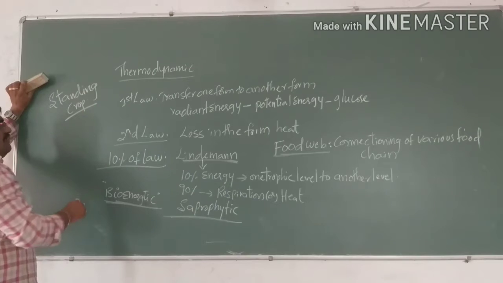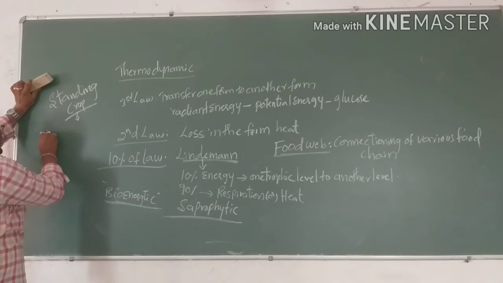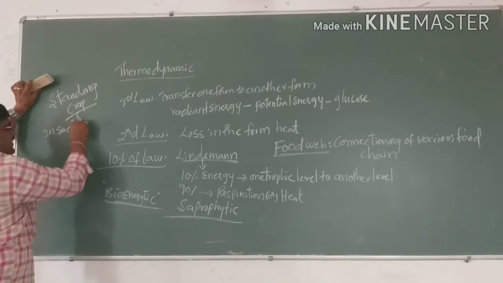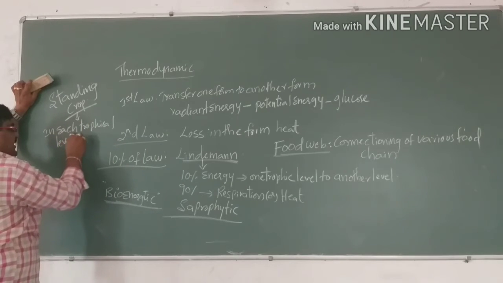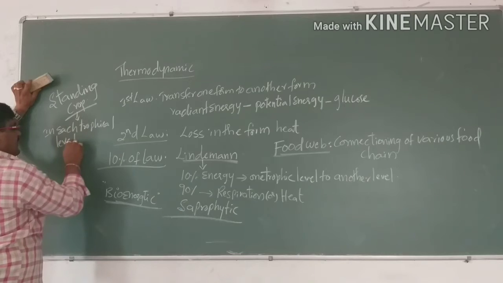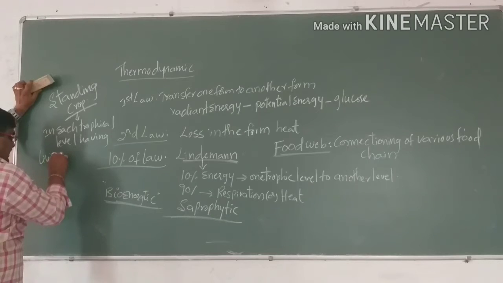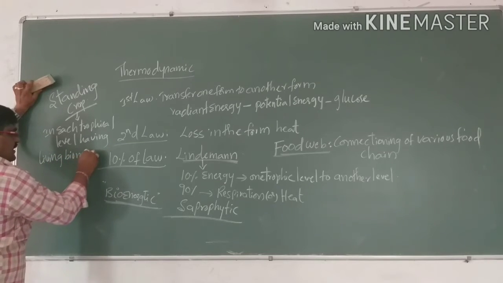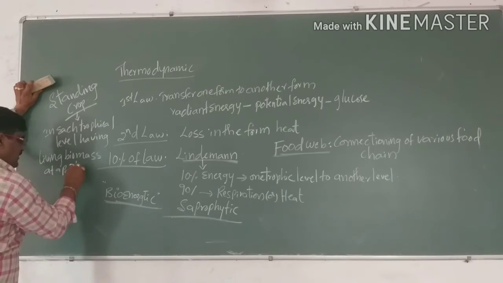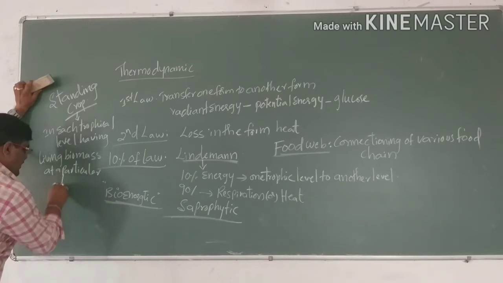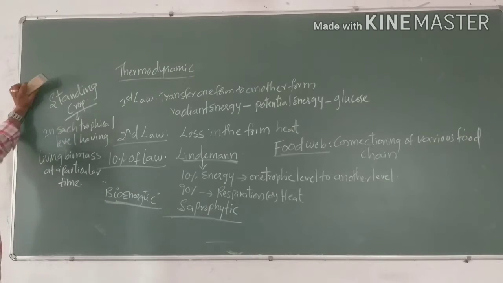It means the amount of biomass present in each trophic level. Each trophic level has living biomass at a particular time, and that is called the standing crop.